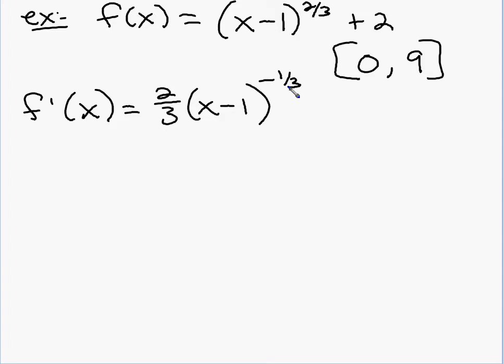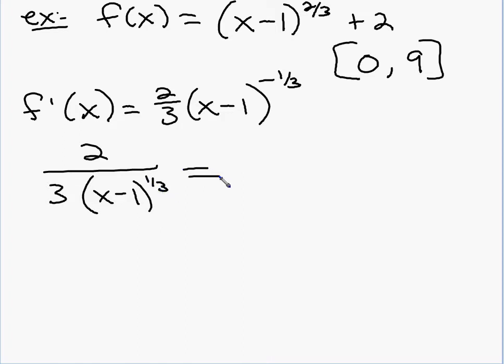Well, it's probably going to help us to write that as a fraction. Write it as 2 over 3 times (x minus 1) to the 1/3, and we're going to set that equal to 0. Now, there should be some light bulbs going off in your head. If I try to solve this thing, don't I have to multiply both sides by the denominator?